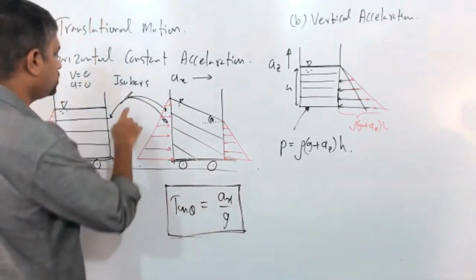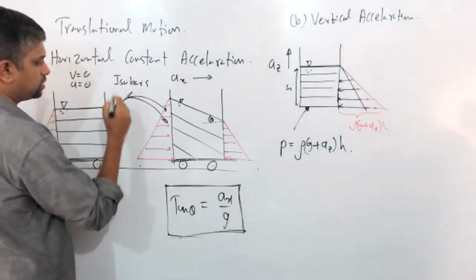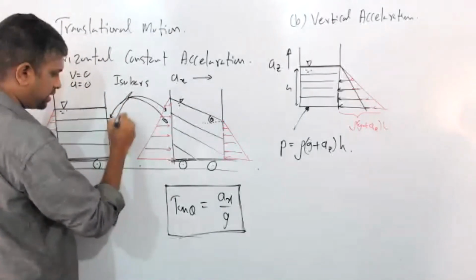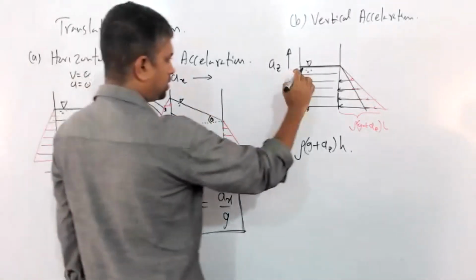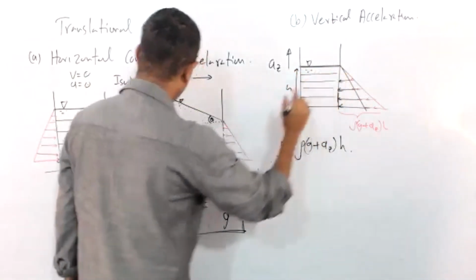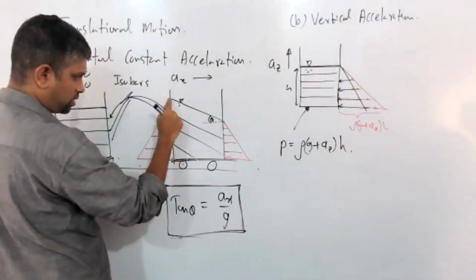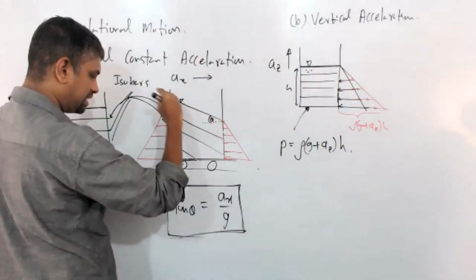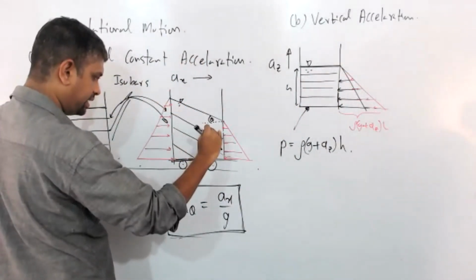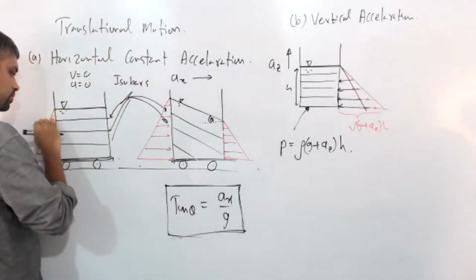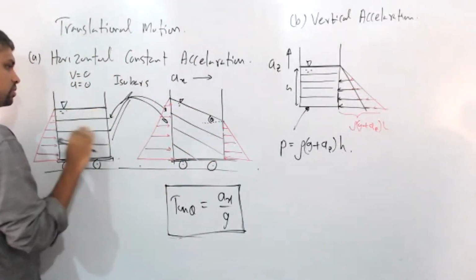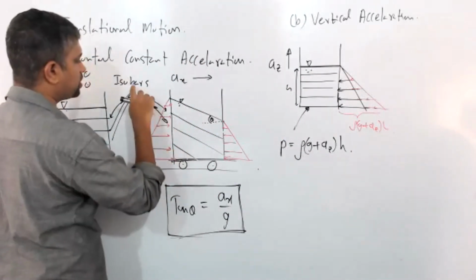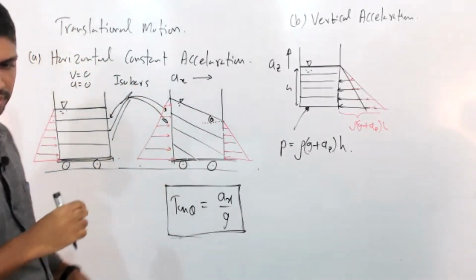These are called isobars. These lines have constant pressure, parallel to the free surface. If you draw a line parallel to the free surface, that line has a constant pressure. So these are constant pressure lines, isobars.